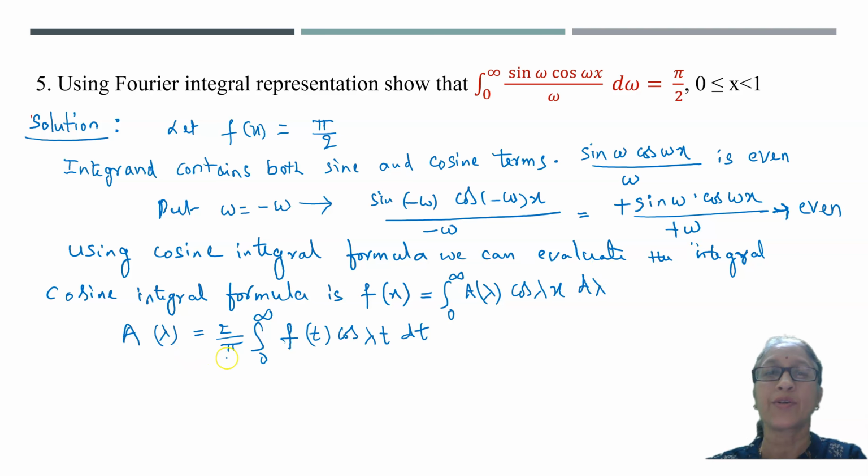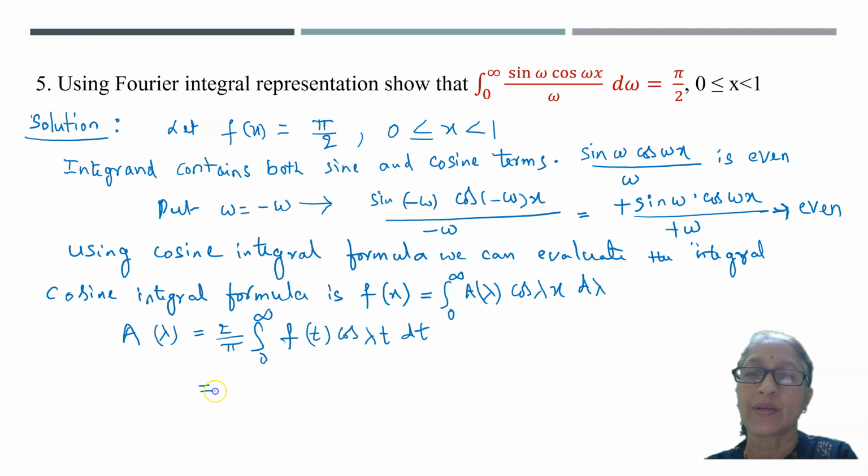Now A(lambda) equal to 2 by pi integral 0 to infinity f(t) cos lambda t dt. But here this function, here it is given 0 is less than or equal to x, less than or equal to 1. So this function here x is in between 0 and 1. So 0 less than or equal to x, which is less than 1.